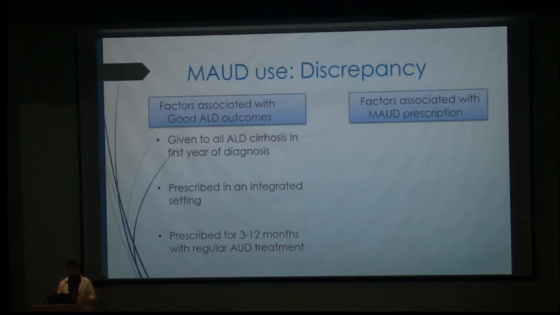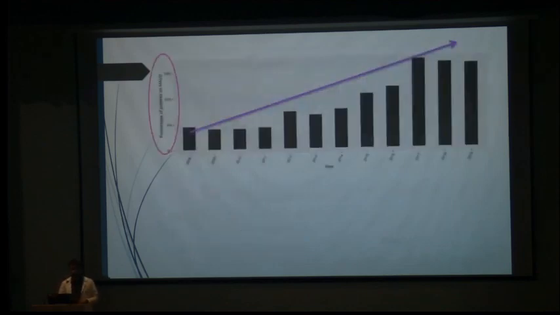But when a larger group did a study on which patients actually ended up receiving MAUD, they found that the only factor that came significant was people who had an inpatient diagnosis of alcohol use disorder or hospitalization. This seems to be slightly different at ILBS, but in the majority of places this is the norm: if patients have severe AUD or once they get hospitalized, only then they are given treatment.